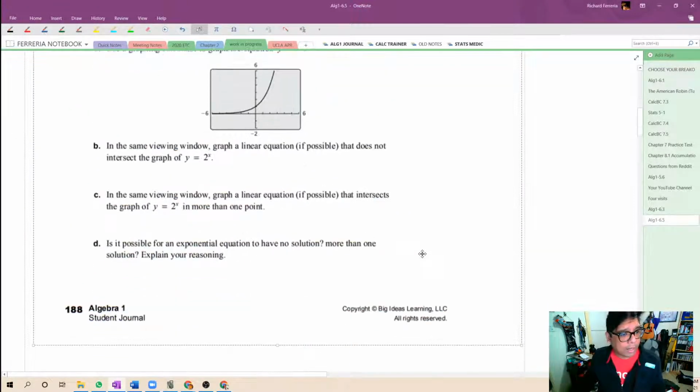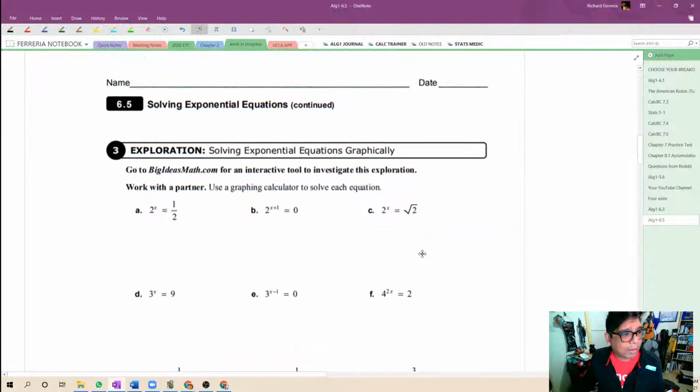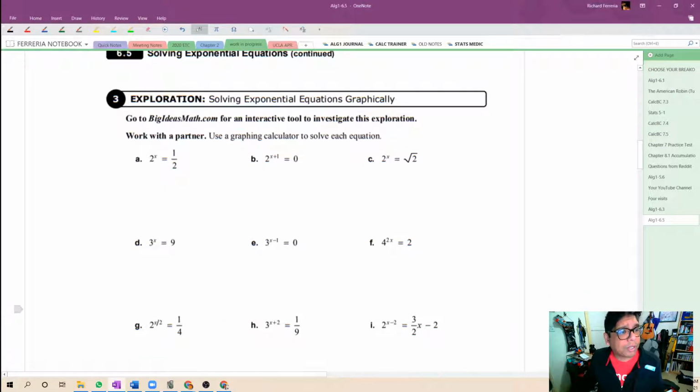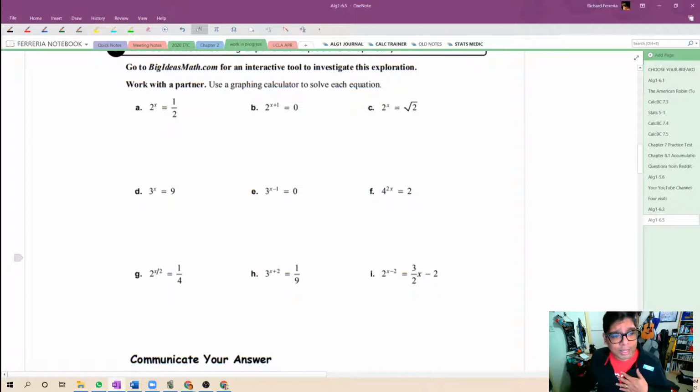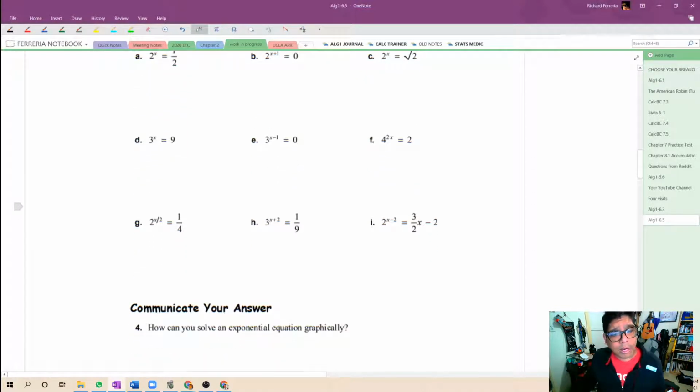Okay, and let's see about solving these graphically. These are not anything more difficult than what we just did. So let's try and grab a particularly nasty one. Oh, let's get this last one, letter I. Okay, we've got 2 to the x minus 2.